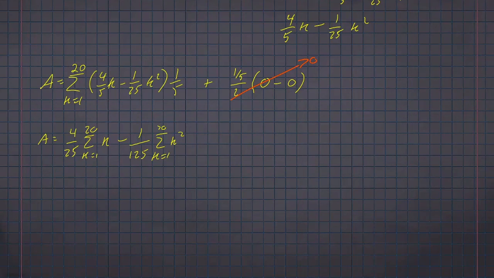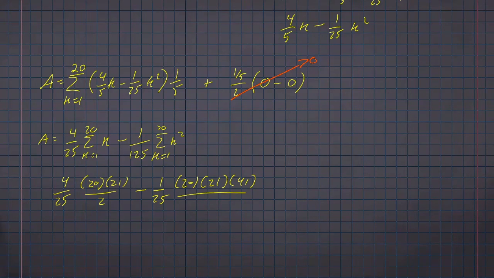And remembering the rules of summations, the sum on k is n times n plus 1 over 2, and the sum on k squared is n times n plus 1 times 2n plus 1 over 6.